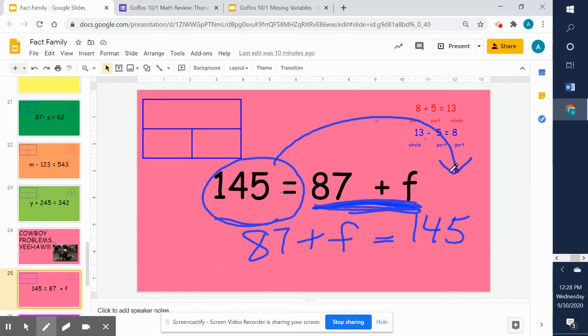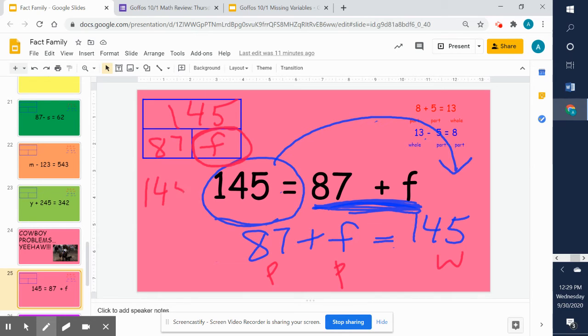Now we can label it. So it's an addition problem, so I'm going to do part plus part equals whole. I'm going to fill in my box, 145, 87, and f. And then I'm looking for my part down here, so I am going to subtract.